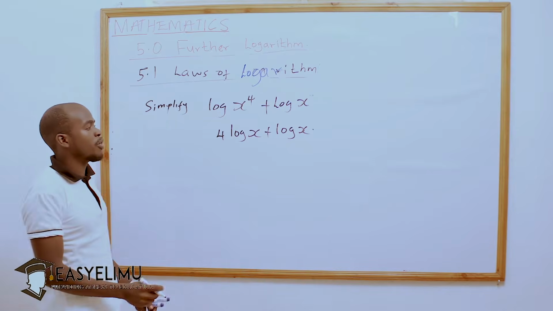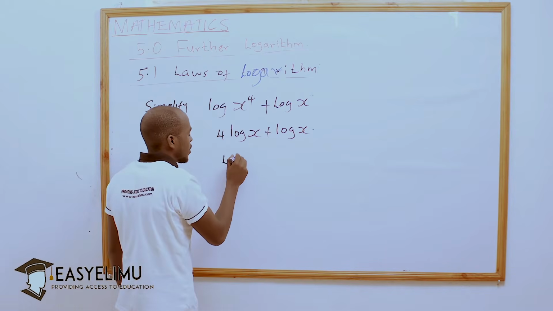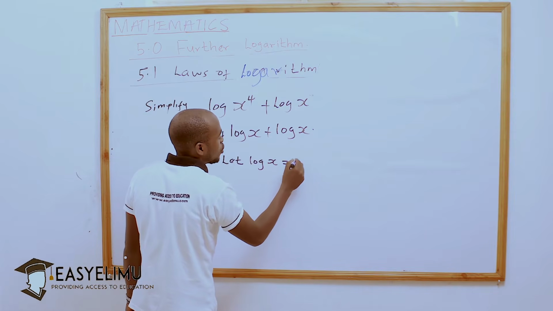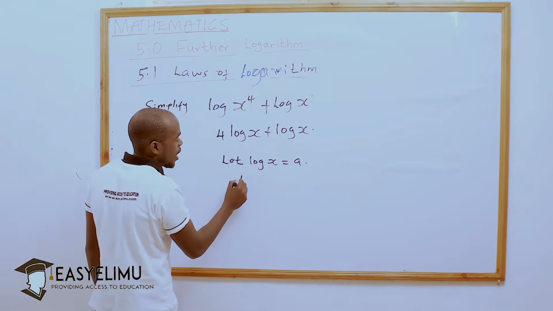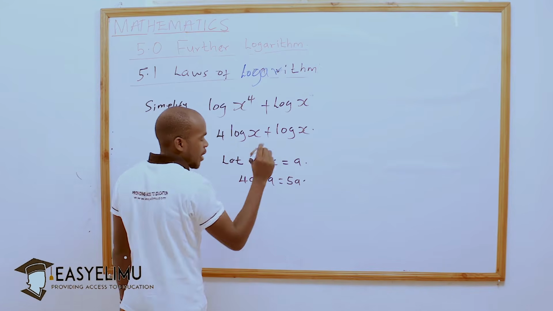And if you have a problem in just adding directly, you can say let log of x be equal to a, such that you will have 4a plus a, and this one will give you 5a.